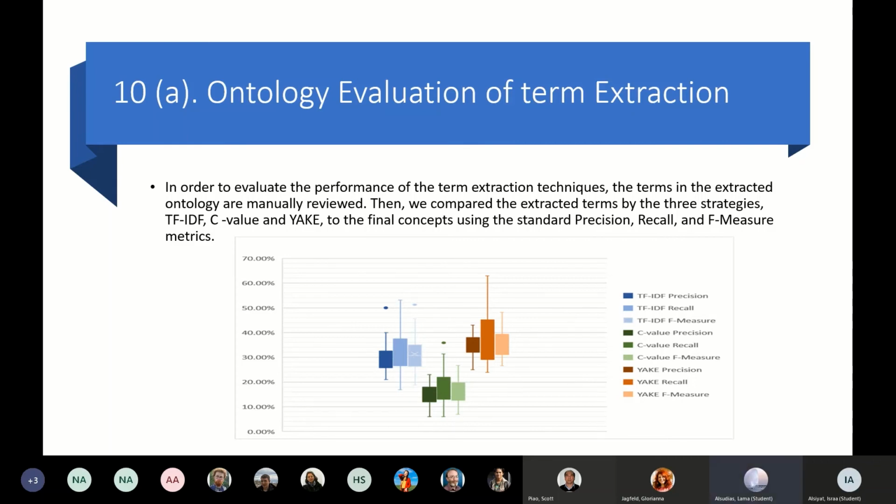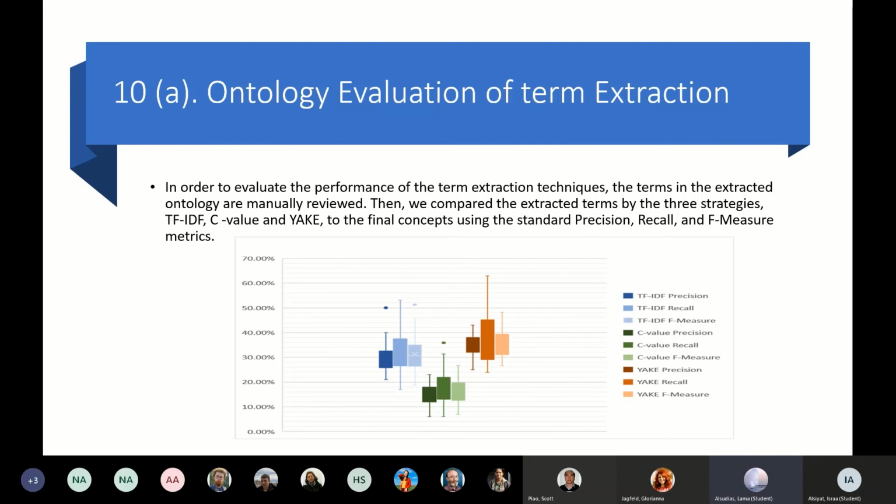We can see in this figure the average result of the term extraction performance, and there is a table in the paper for more details. We can see that the lowest performance was found in the C-value method. This could be a result of the complexity of the information on infectious diseases in the Arabic language and the document size.